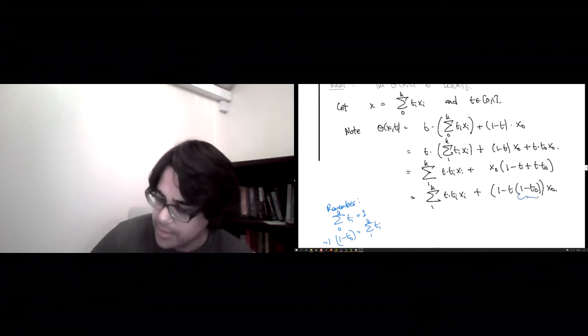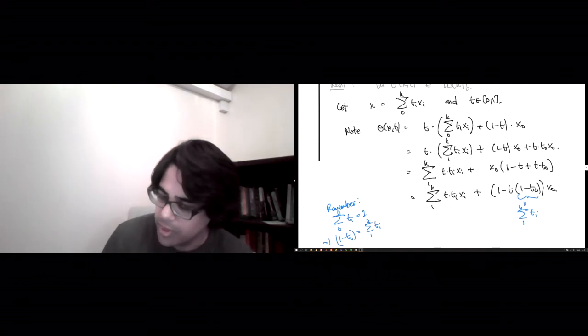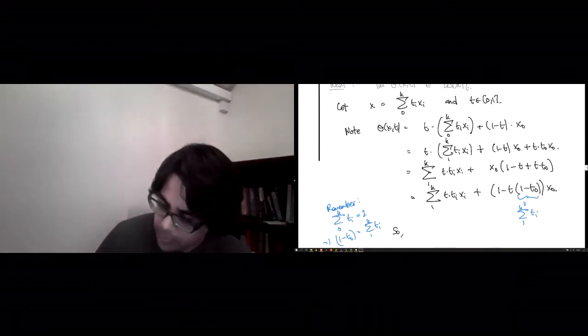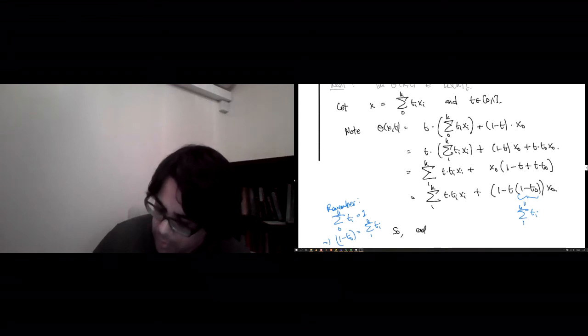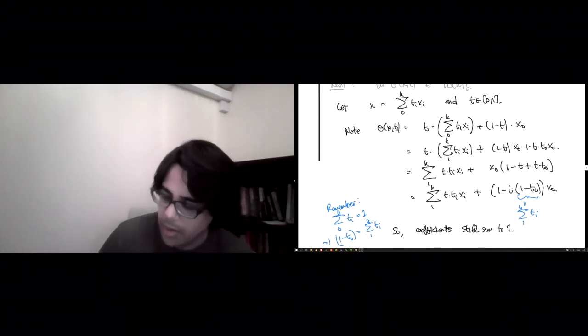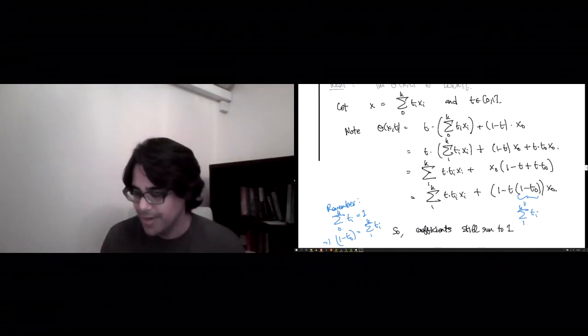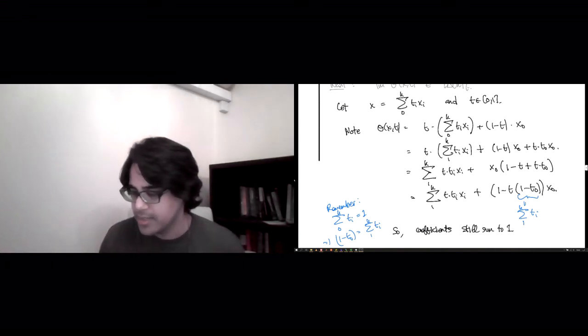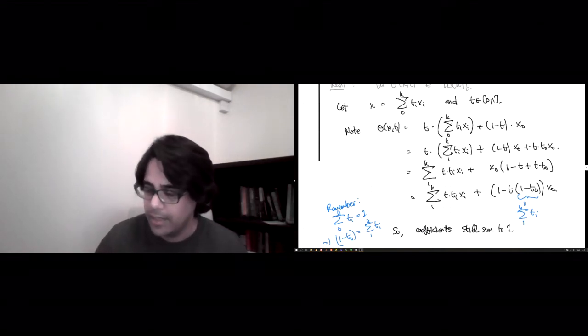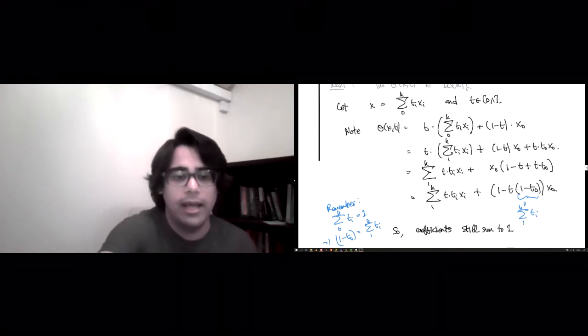So if you replace this with the sum from 1 to k of t_i, you will realize that the coefficients still sum to 1. Because on the left side you have t t_i, and on the right side you have (1 minus t) t_i. And so if you add all of that up, you will get 1. And that's the end of the proof and this lecture.